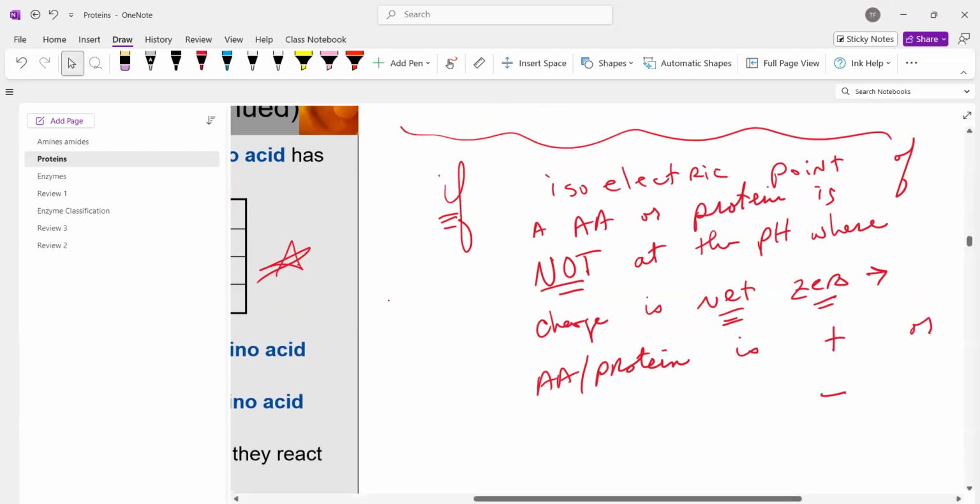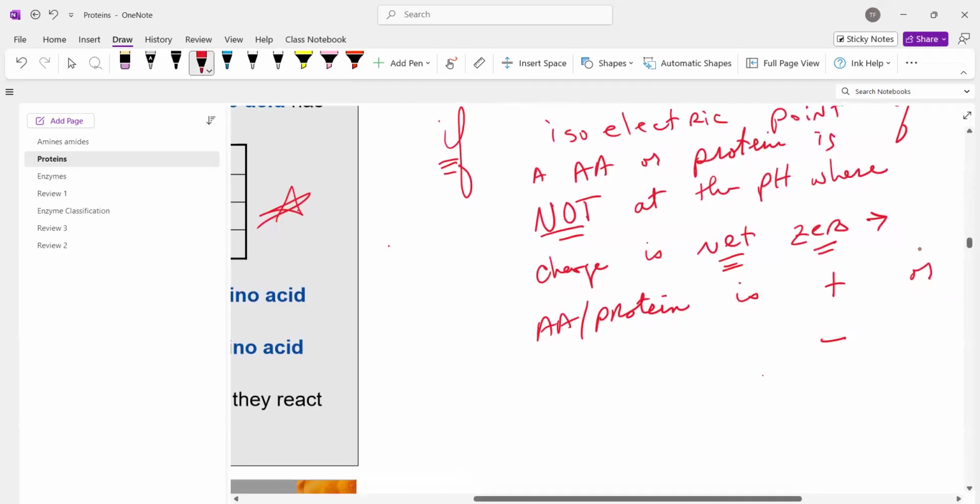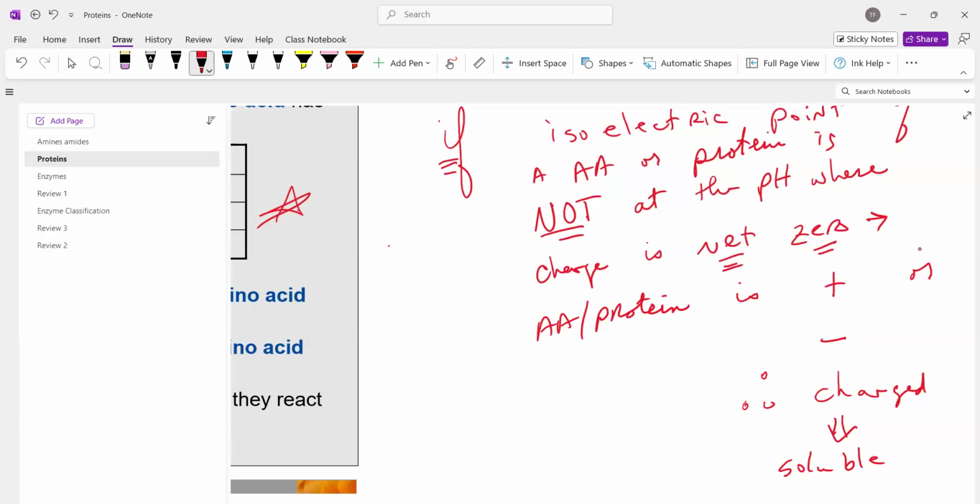What that means is it's charged. If it's charged, then that means it's soluble in water.